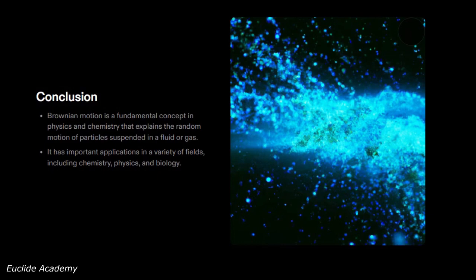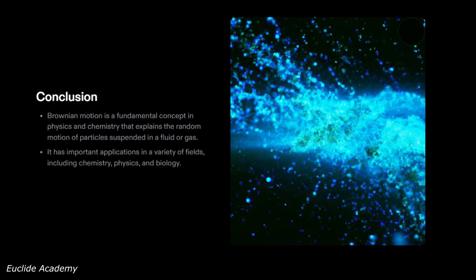So Brownian motion gives us that explanation of the random motion of particles in a fluid or a gas, and we can base our understanding of different theories such as thermodynamics and the kinetic theory of gases on it.